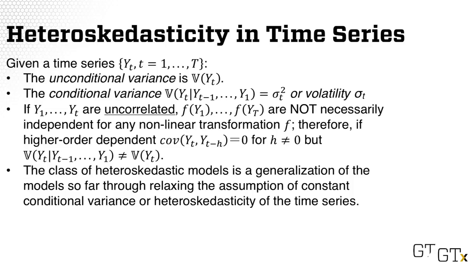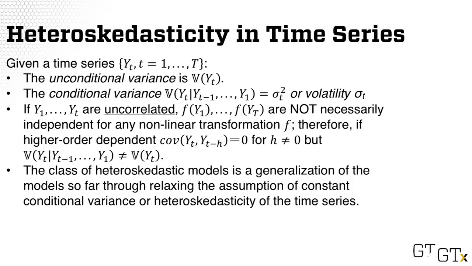In the case when the time series data are uncorrelated but not independent, then the covariance between any two variables in a time series is 0, meaning that there is no linear dependence between any two variables in the time series.